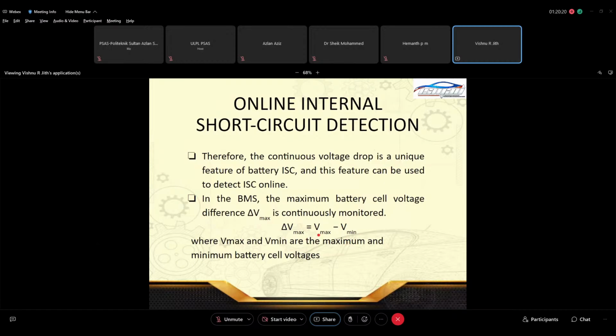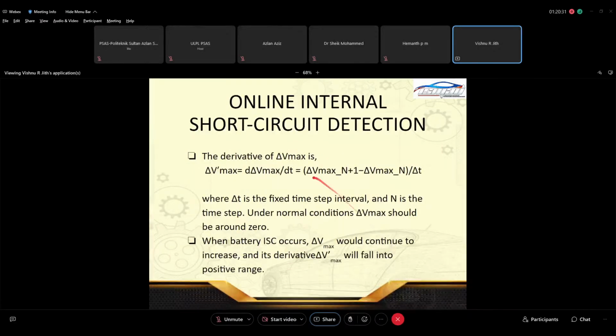You can see the equation: delta Vmax is Vmax minus Vmin, the maximum and the minimum battery cell voltage. From this equation, we can take the derivative with respect to time for a fixed interval for monitoring purposes. In the normal condition, this value should always be 0.